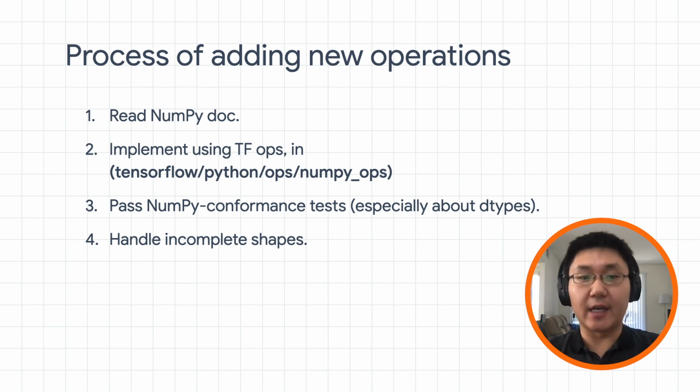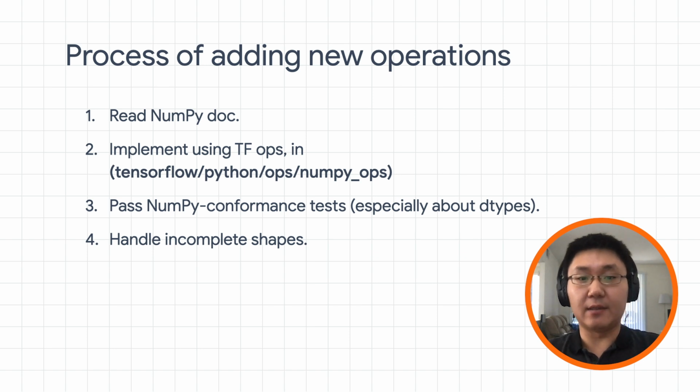And we have a comprehensive test suite for NumPy conformance that basically tests all combinations of op, shape, and dtypes. So we need to run those tests to make sure that we conform to NumPy in all the corner cases, especially dtypes, because dtype promotion is where most of the corner cases are.